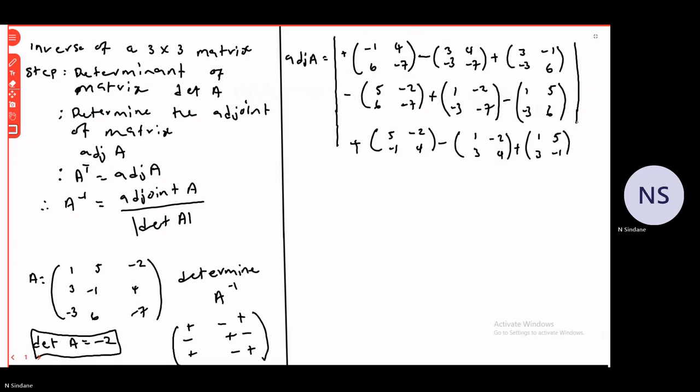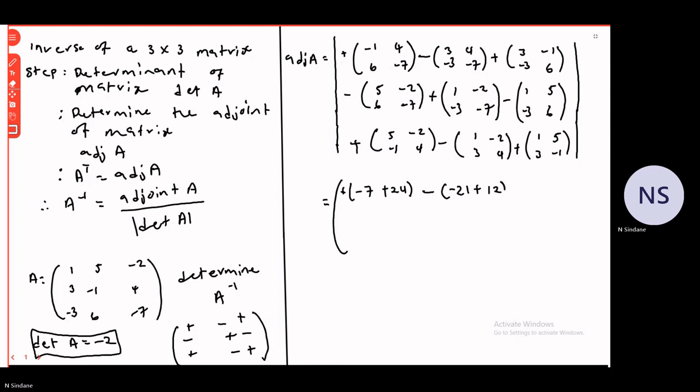Now it's time to simplify. Remember, we're still identifying the adjoint of A. When I simplify, what will I have? Here I'm going to have minus 17. Let me do it step by step because I don't have a calculator. So I have positive here, so it's going to be minus 7 plus 24. And then minus into minus 21 plus 12.